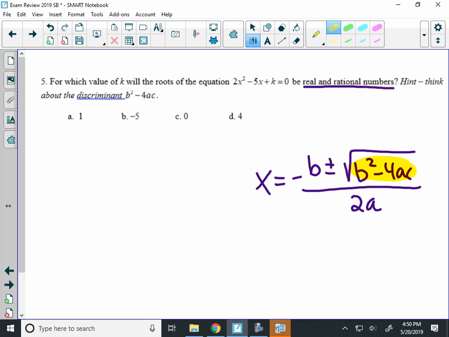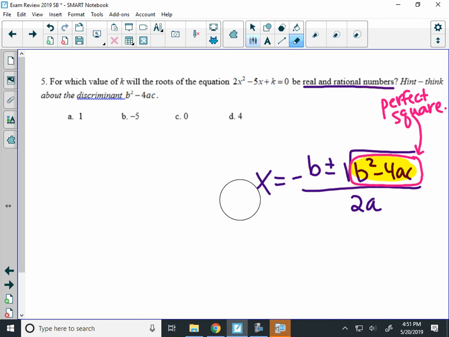And we said that if we wanted rational roots, the value of the discriminant had to be a perfect square. So we want our discriminant to be a perfect square. So you have to do a little bit of calculating here. If you don't remember this about the discriminant, then I'll show you a different way that you could do this problem in just a second.